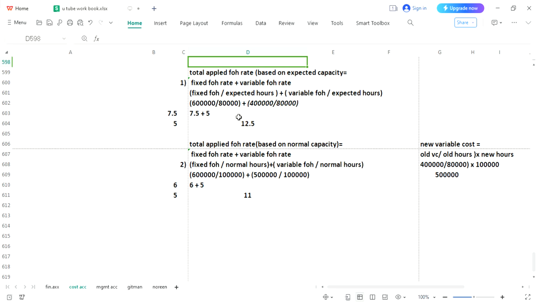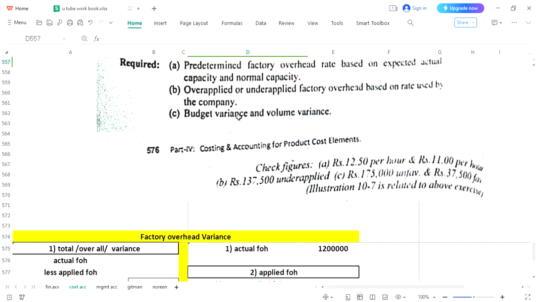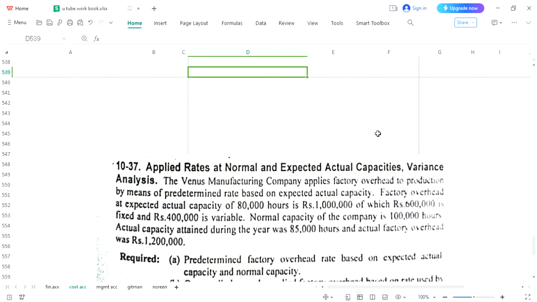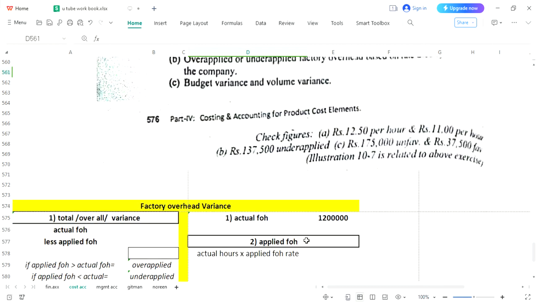Now come over here and we need to calculate our applied FH. For that we need actual hours. Actual hours are given over here. Actual capacity attained during the year 85,000. So you can put 85,000 over here, and two rates as you know we have calculated.